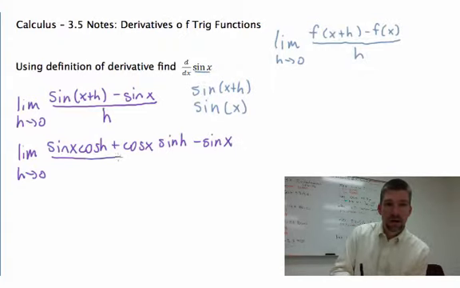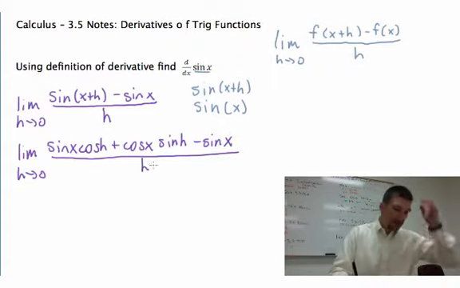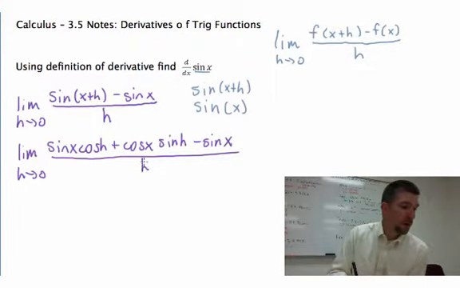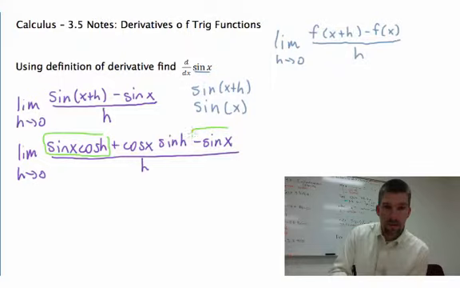Well, I still have that h in the denominator that I can't get rid of. So I have to think of a way that maybe I can do that. Well, check this out. What we're going to do is take these two guys right here and this guy right here. And the cool trick that I'm going to do is factor a sine x out of that.